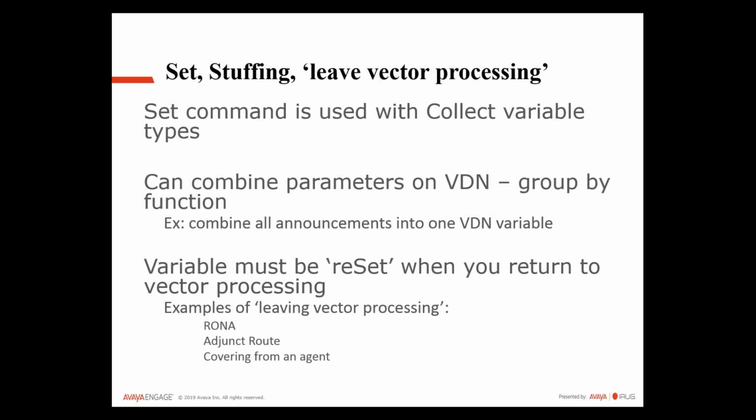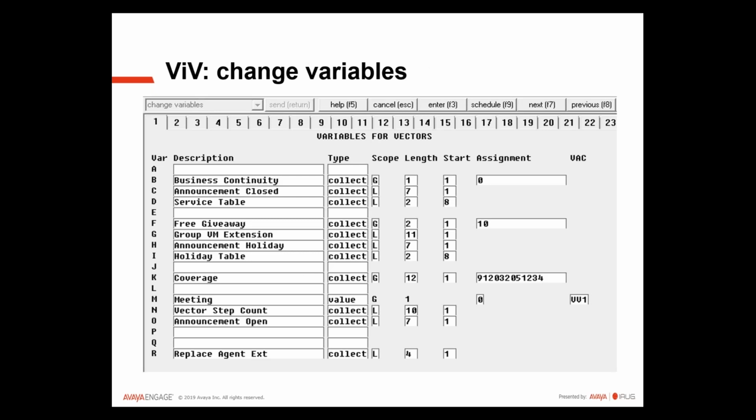So here we are, back to the change variable table that we saw from the very beginning. So what have we variabilized? We've done business continuity, and we've seen the VDNs. So what I'm showing you here is we did business continuity as a variable vector.